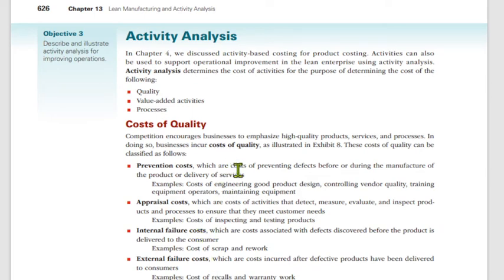Samples of prevention costs are the cost of engineering, good product design, controlling, training equipment operators, maintaining equipment. So, ibig sabihin, bago pa gawin, prevented na yung magiging negligence or failure. Kaya siya prevention. While the appraisal includes cost of inspection and testing the products.